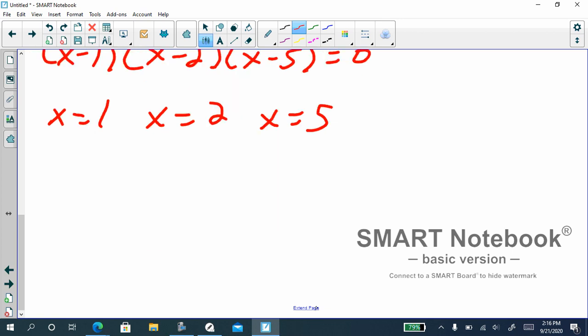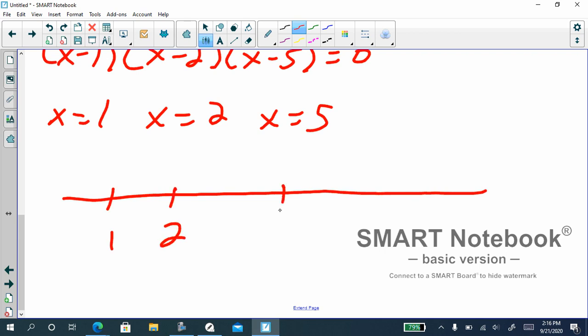So those are our zeros. 1, 2, and 5. So we need to test a number in each interval. So we could test 0, we could test 1.5, 3, and we could do 7.